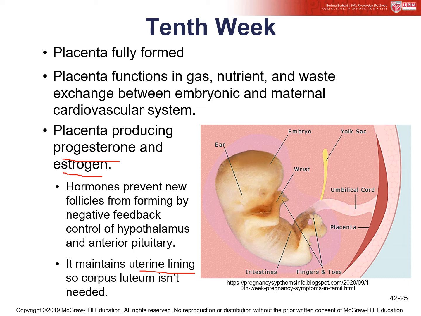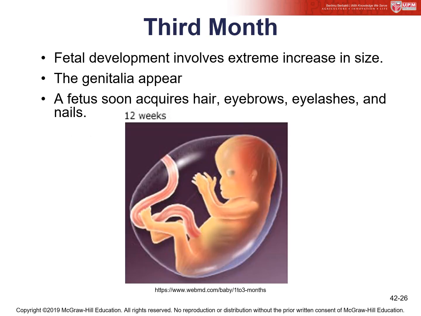In the third month, the fetus will grow in size rapidly, and the genitals start to appear, and the body hair such as hair, eyebrows, and eyelashes starts to grow along with the nails.